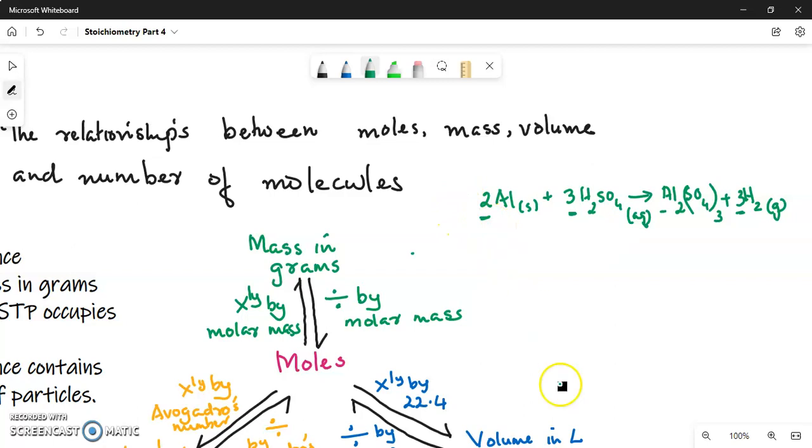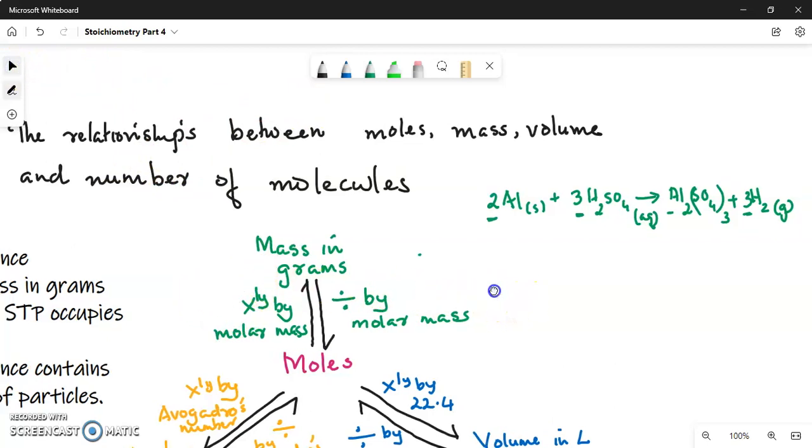Now, we know that there are relationships between mass in grams, volume in liters, and also the Avogadro number with the moles.